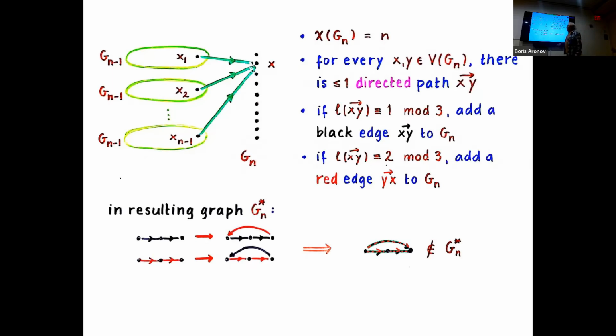And if you have 2 consecutive black edges, this length is congruent to 1, this length is congruent to 1, then this means that from here to here, the length is congruent to 2. So we add a red edge in the opposite direction. And similarly, if you have 2 red edges oriented in this way, then we have a black edge.